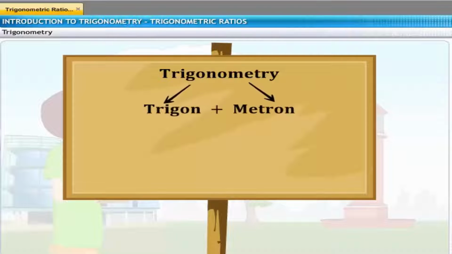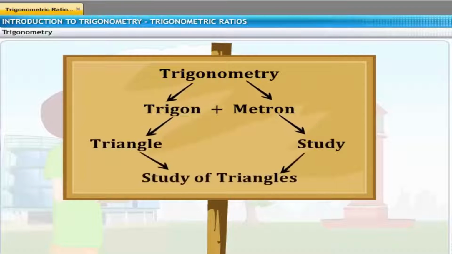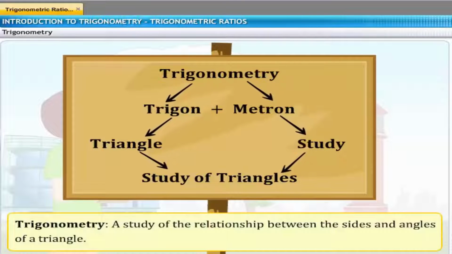The word trigonometry is derived from ancient Greek words, which mean study of triangles. Trigonometry is the study of how the sides and angles of a triangle are related to each other.